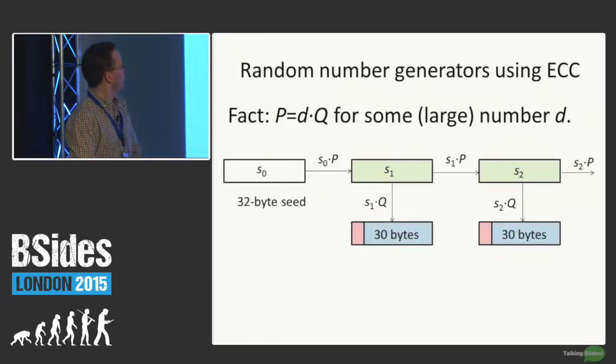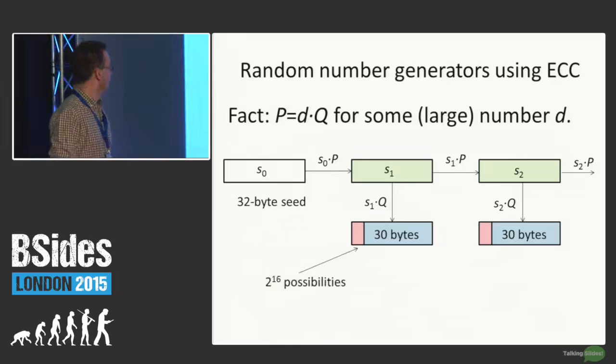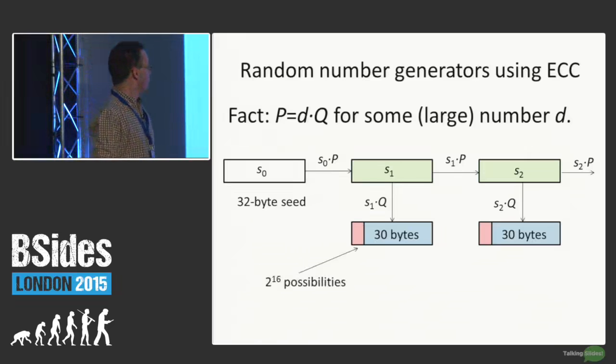Now let's show the algorithm again. This is just the same as the previous slide. And also note that there are only 2 to the power 16 possibilities.